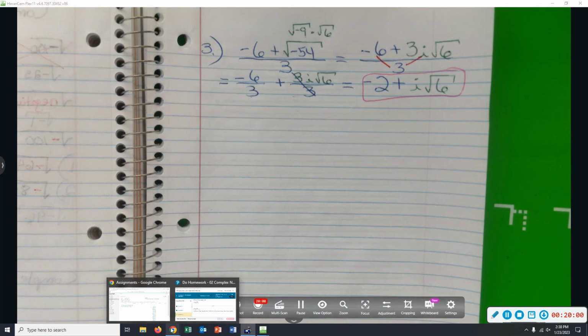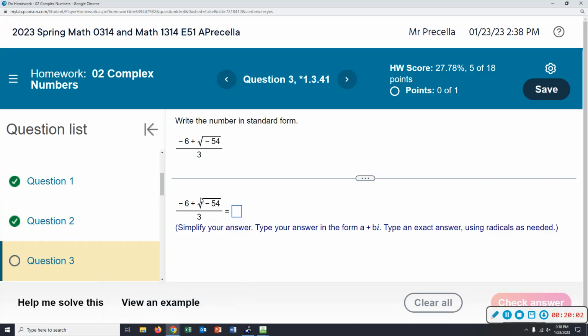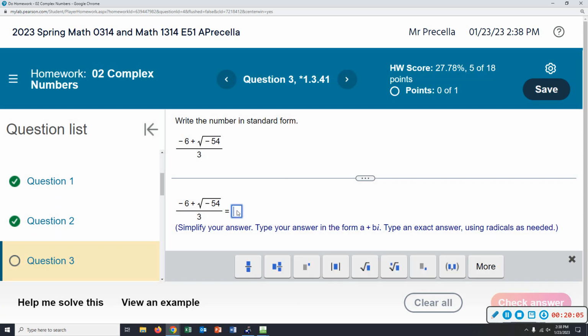Let me type this in. Okay, click in here to get the toolbar. -2 plus, I'm just going to hit lowercase i. Sometimes students say, wait, there's no i here. What do I do? Just hit the lowercase i, or hit more, and they'll show us i.